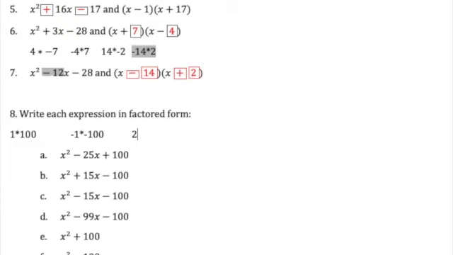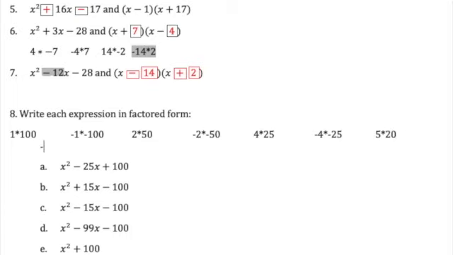And so we have 2 and 50, negative 2 times negative 50. 3 is not a factor of 100. 4 times 25, and negative 4 times negative 25. We have 5 times 20, and negative 5 times negative 20.